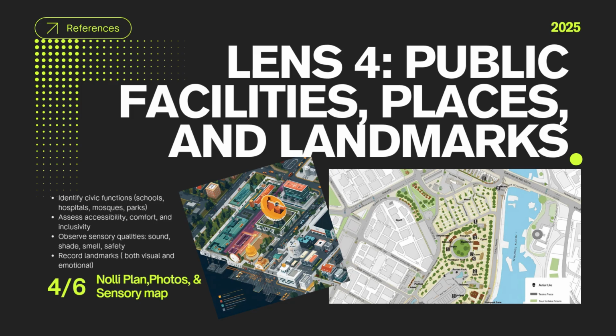Is it noisy, calm, fragrant, or polluted? Map who uses these spaces and when. If women, children, or the elderly are missing, that's data on exclusion. Note landmarks: a tree, a gate, a shrine, anything that can act as an orientation and identity anchor. Your conclusion here reveals the social health of your site.